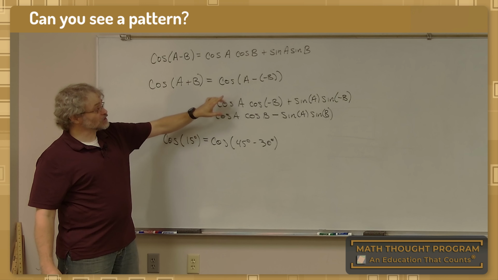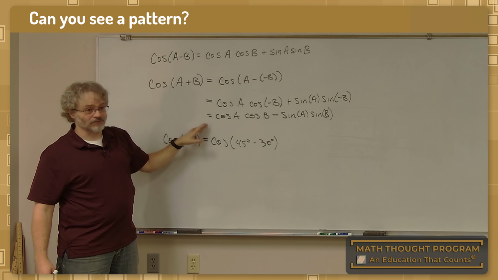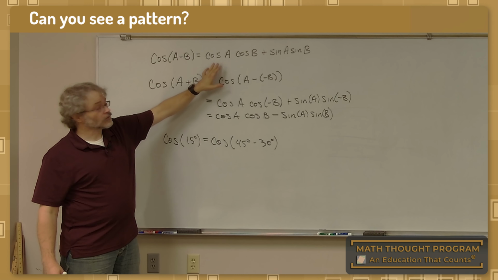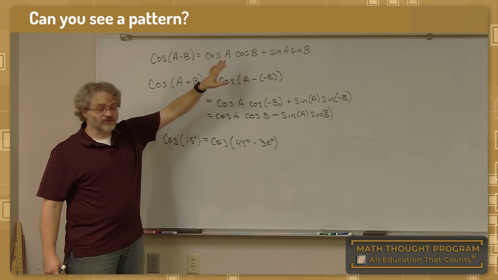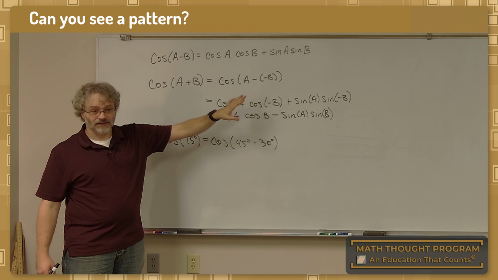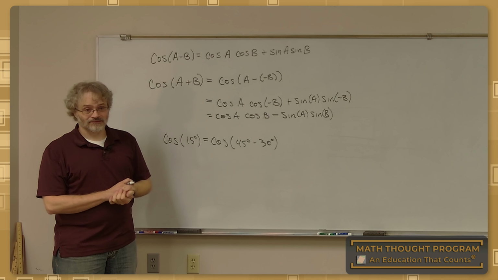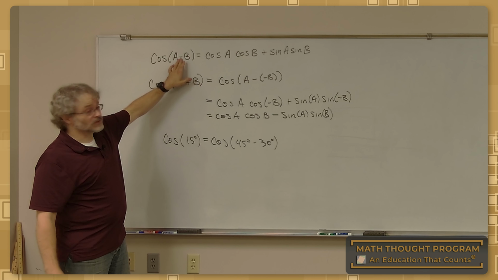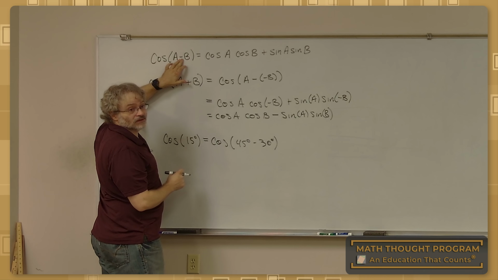Now, what I want you to do is look at these identities for the moment, see if you can find a pattern. They're both cosine, cosine. They both have sine, sine. But what's the discrepancy? When it's minus, that's plus.